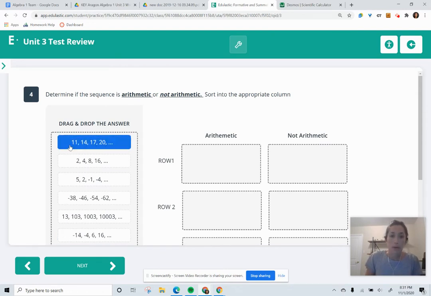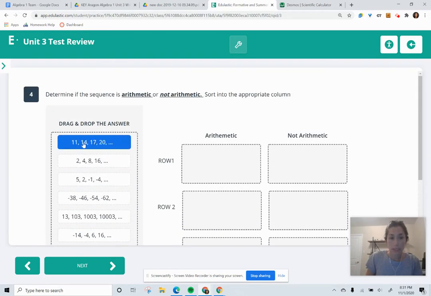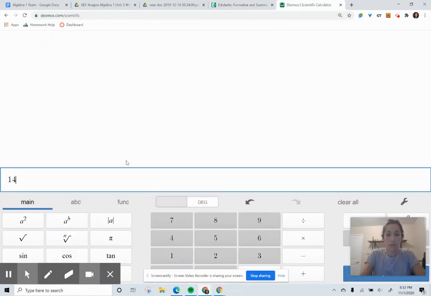Now we're looking at sorting these into arithmetic versus non-arithmetic. So if I look at the first tile pattern, I'm going from 11 to 14, 17 to 20. If I'm not sure what I'm adding to get from one to the next, I just take a number and subtract the number in front of it. So I could take 14 and subtract 11, and I'm getting 3.